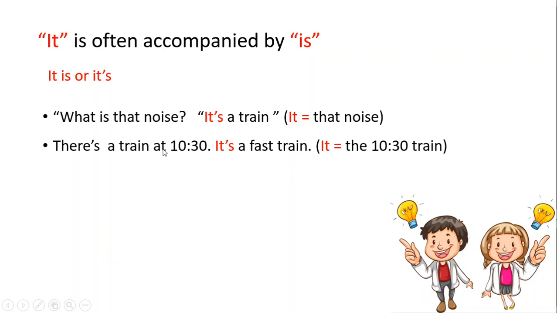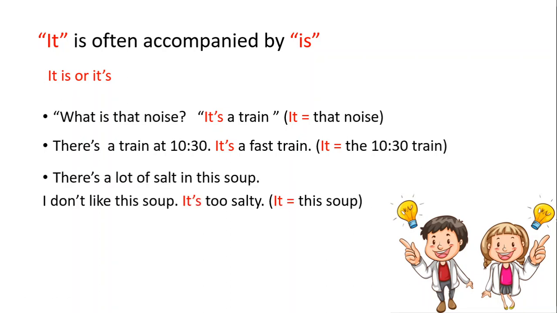There is a train at 10:30. It is a fast train. So it here means the 10:30 train. There is a lot of salt in this soup. I don't like this soup. So it is too salty. It here means this soup.